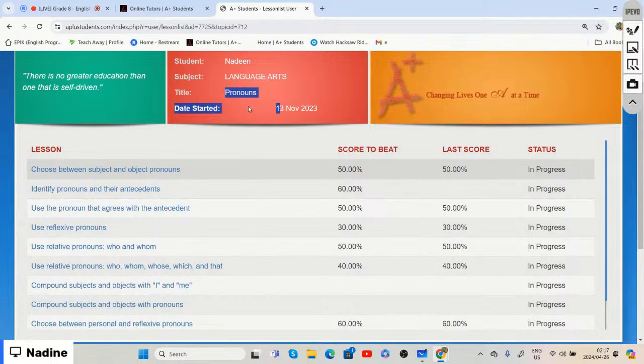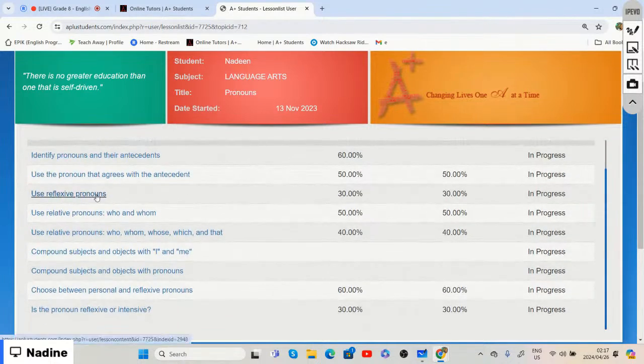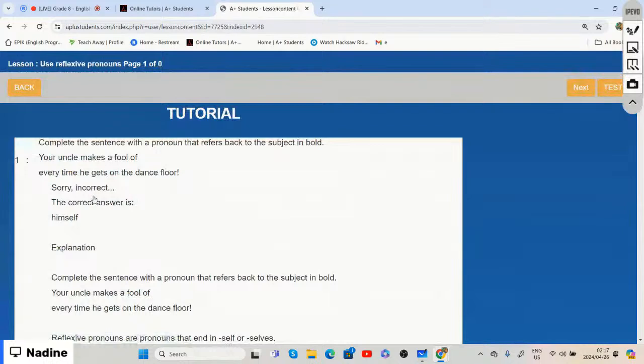Chapter is pronouns, and we're going to the lesson which is to use reflexive pronouns. All right. So you see reflexive pronouns.